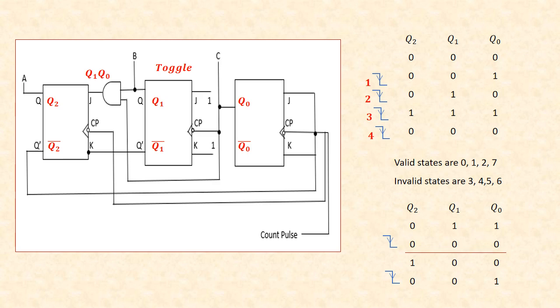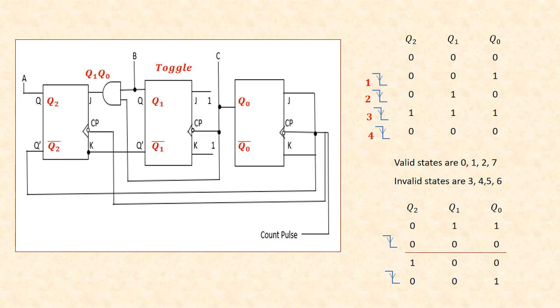Here Q2 is assumed to be 0. So Q2 bar will be equal to 1. So the output of Q0 will be 1, since J is equal to K is equal to 1.